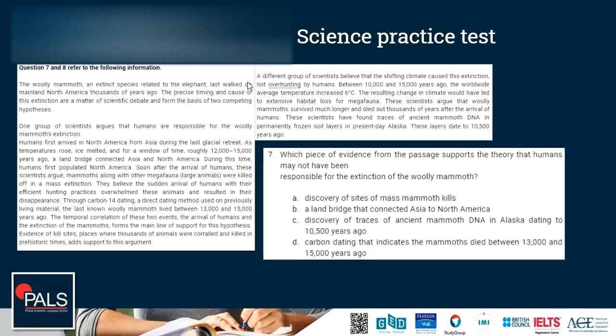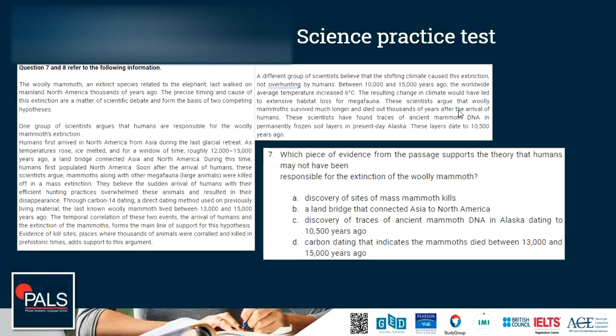Third paragraph. A different group of scientists believe that the shifting climate caused this extinction, not overhunting by humans. Between 10,000 and 15,000 years ago, the worldwide average temperature increased 6 degrees Celsius. The resulting change in climate would have led to extensive habitat loss for megafauna, again, large animals.